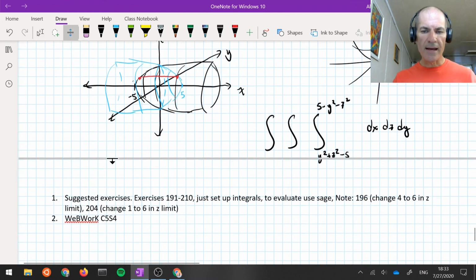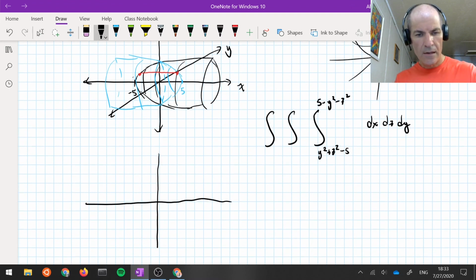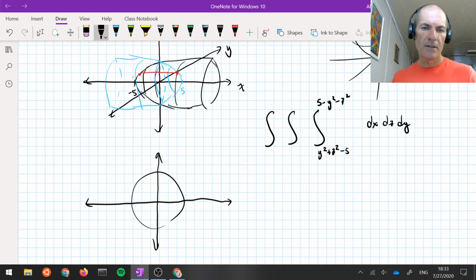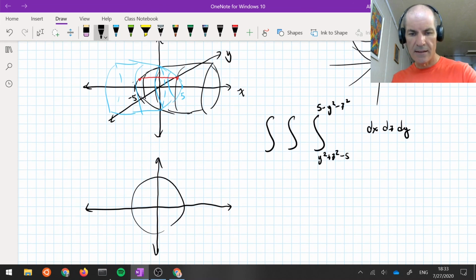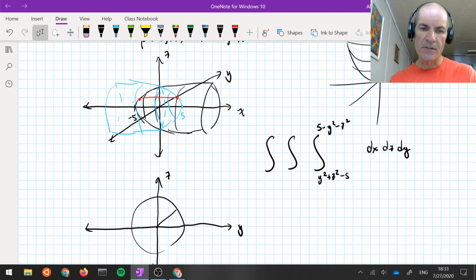So doing that should simplify the artwork, if nothing else. All right, and we're looking at some kind of circle in the YZ plane. Question is, what's the radius of that circle? That's going to help us figure out the remaining limits.